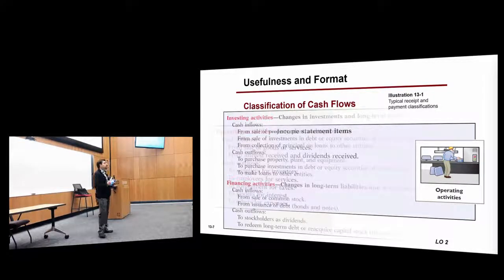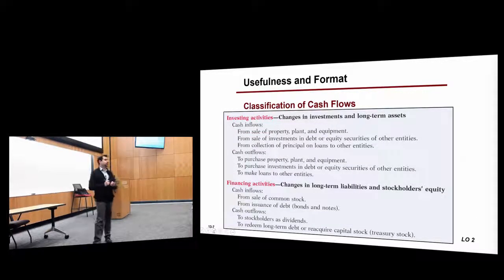When you look at investing activities, you look at the purchase. If you're talking about cash inflows, this is when the company is selling a building or equipment. So this is the sale of PP&E. On the other hand, buying PP&E will be considered as cash outflow.